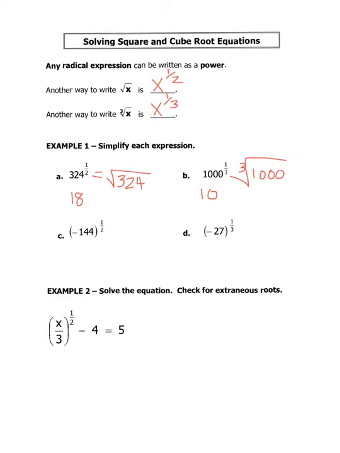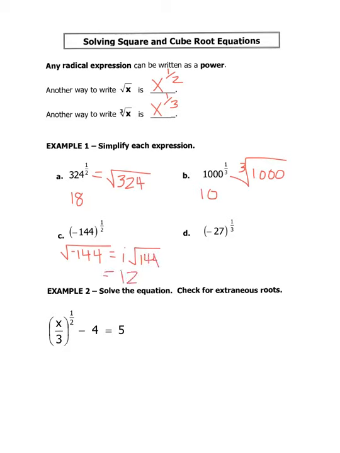Now, if I look at this next one and I see negative 144 to the 1/2 power, if I put that underneath the square root, I have negative 144 underneath that square root. We've done something like this before where if you take that negative out, it comes out as an i. And then we break down the square root of 144 and we get 12.